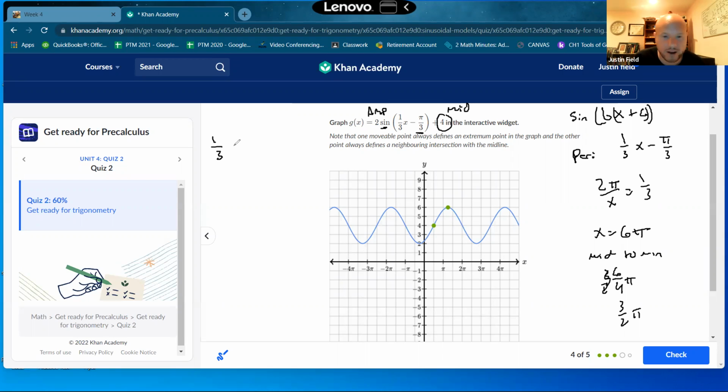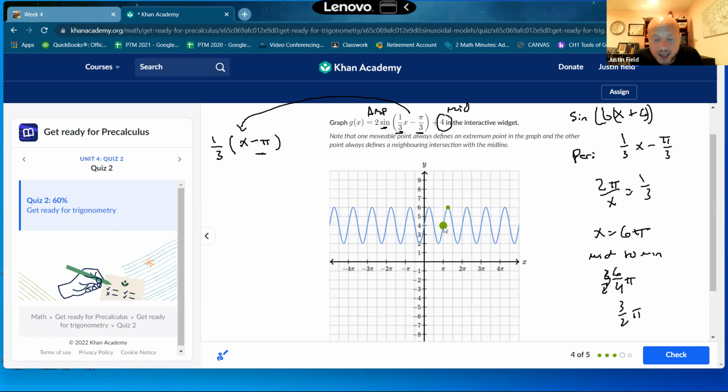I know that. And here's why. Because we can factor out a GCF of 1/3 from these two terms, and we end up with x minus pi on the inside there, right? And that makes our graph shifted right by pi.